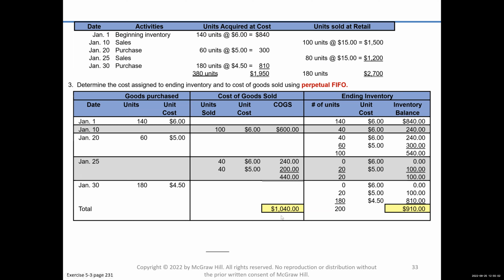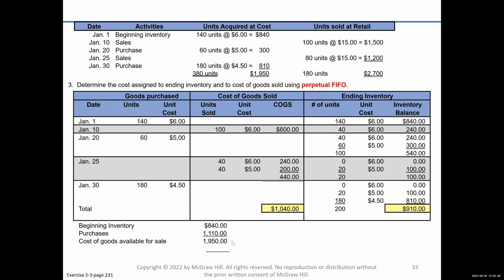Let's go ahead then and put it into our little schedule. Beginning inventory of 840 plus purchases. Remember, we have purchased $300 worth on the January 20th. We purchased another 810 on January 30th. So these two, 300 plus 810, is our 1,110.